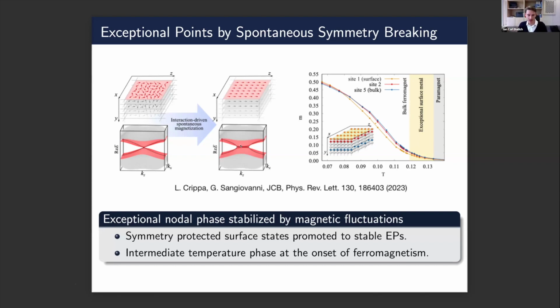So this adds our two ingredients. We have a gapless surface state, which is symmetry protected or fine-tuned, and we stabilize it to a system that no longer relies on symmetry, but that somehow is, as a non-Hermitian topological system, stable in two spatial dimensions. Right.